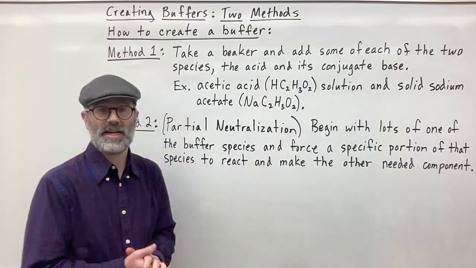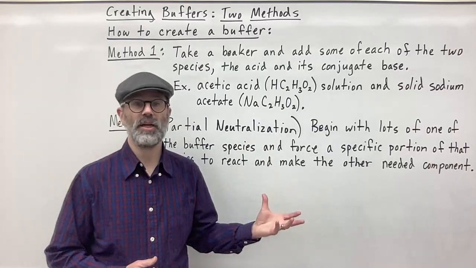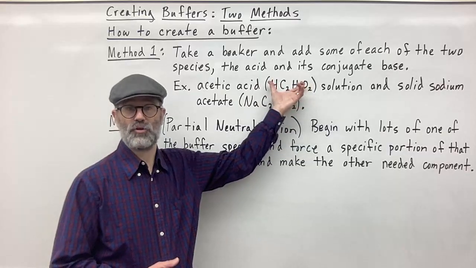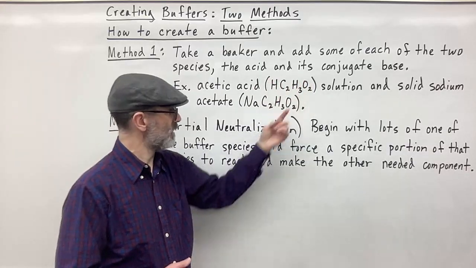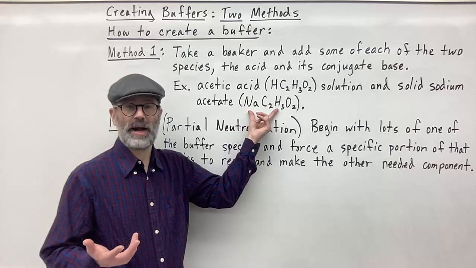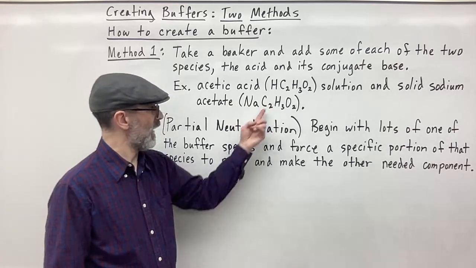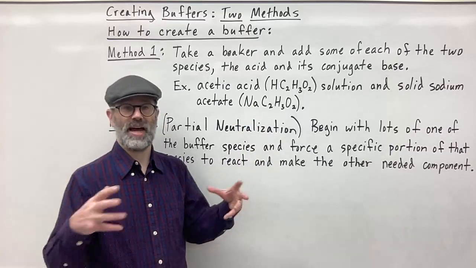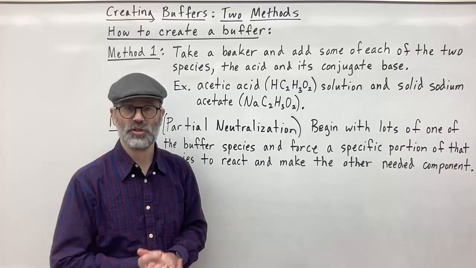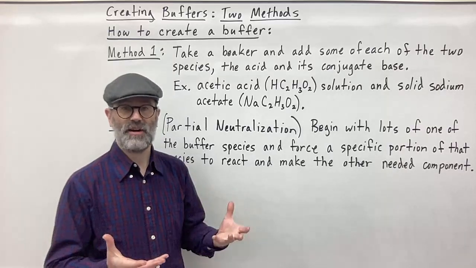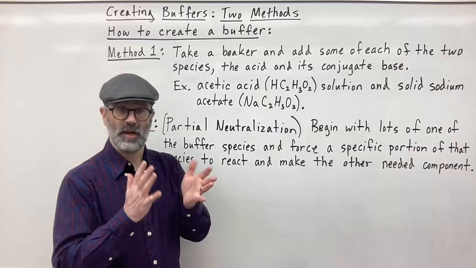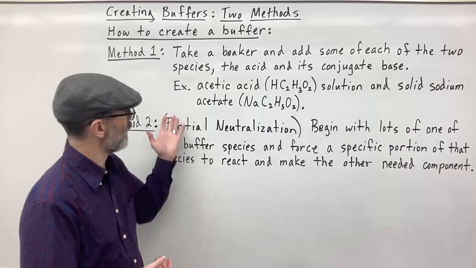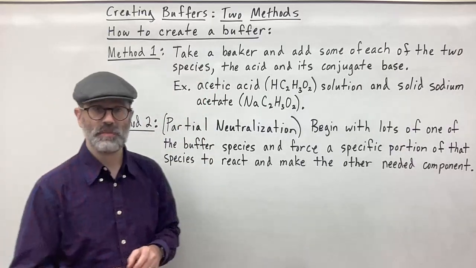So what I could do is take a few milliliters of this weak acid, add a few grams of the sodium acetate, the conjugate base, and then I could fill it up and add like 50 milliliters or 100 milliliters of water, and then I have my buffer, right? So in that case, I made it using the first method.